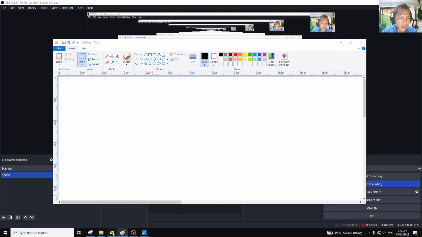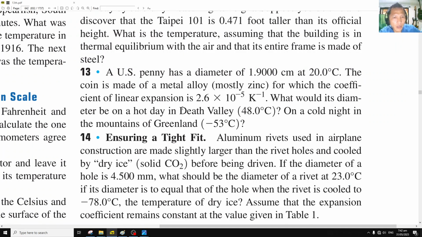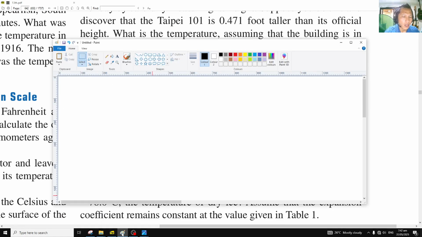Okay, let's continue. So we have number 13, a US penny. The coin has a diameter of 1.9, so with significant figures it is 1.900 centimeter.